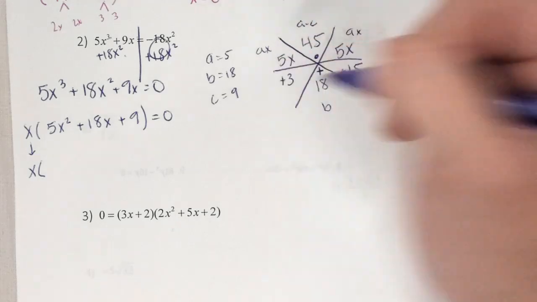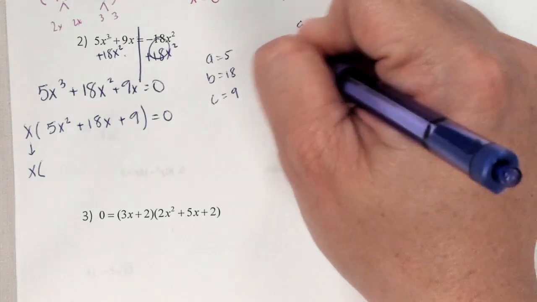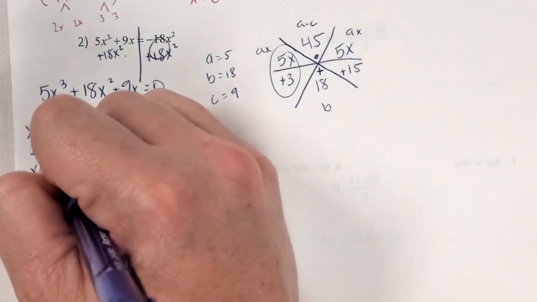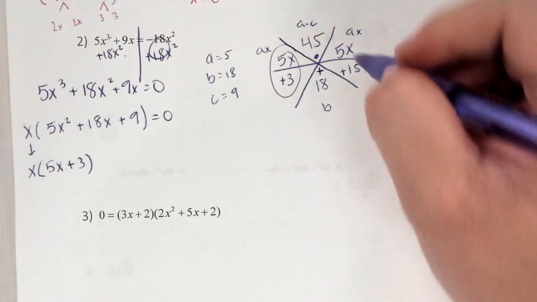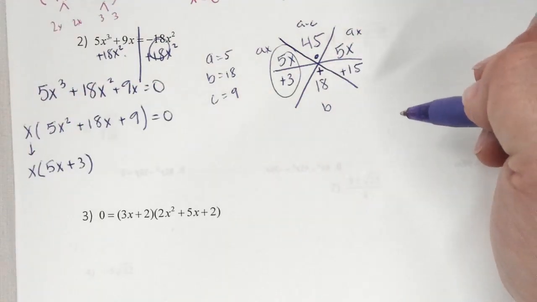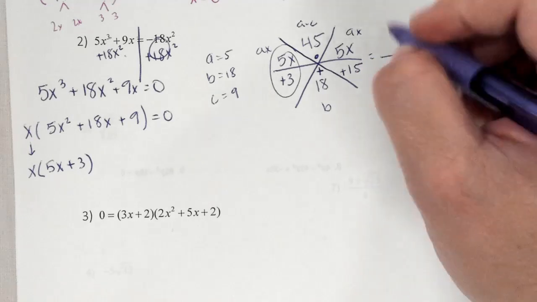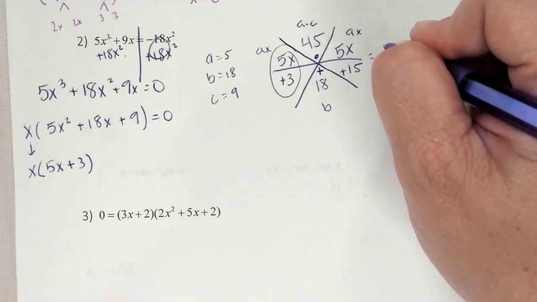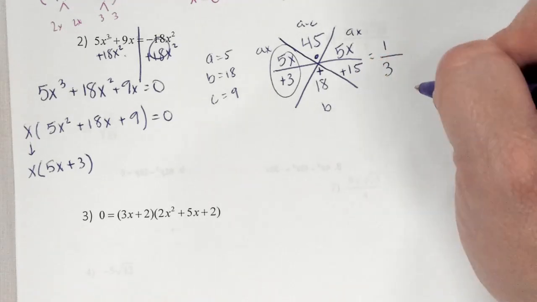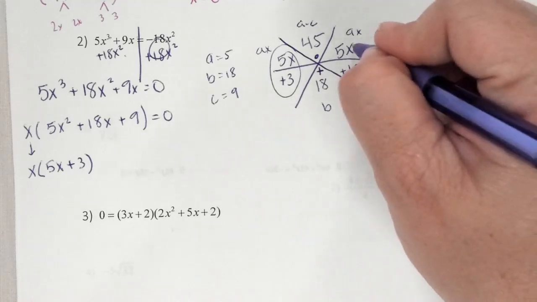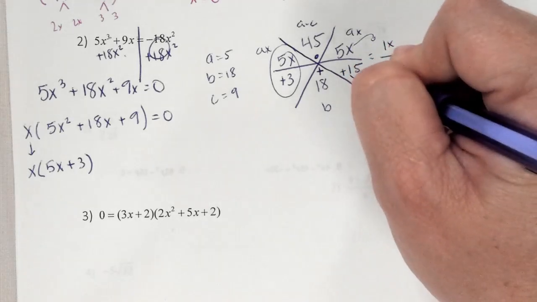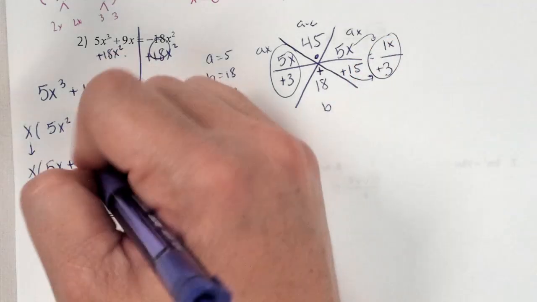And 5 over 3, does that simplify? No, so there's a factor: 5x plus 3. And does 5 over 15 simplify? What does it simplify to? 1/3. Okay, bring over your x. Bring over your plus sign. So we get x plus 3.